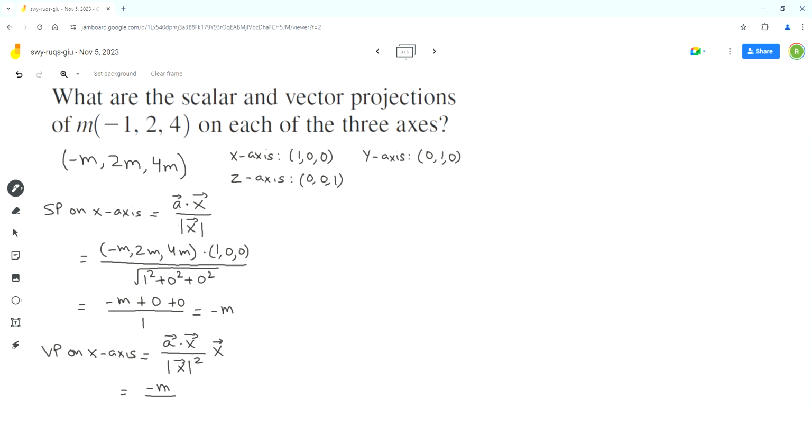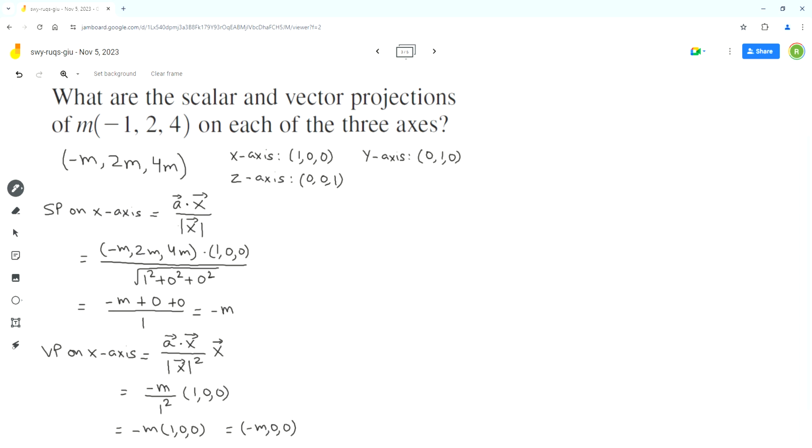The magnitude of vector x is 1. Now we can multiply the vector (1, 0, 0) by negative m. So we have to multiply each component by negative m, and we get (-m, 0, 0). So this is the vector projection of the given vector on x-axis.